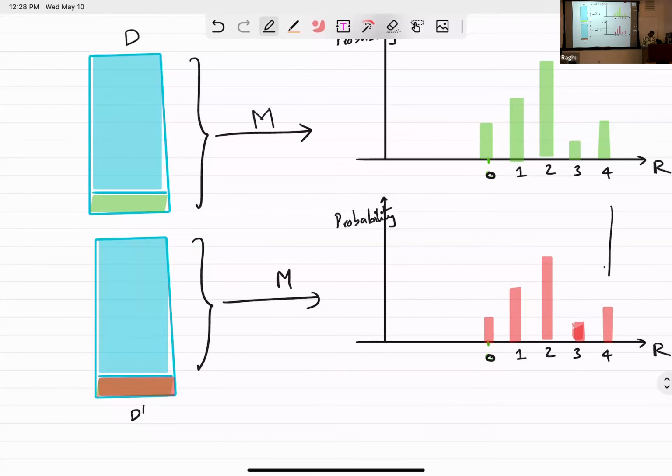So what you want is that the heights are within e to the epsilon of each other. Every outcome should have pretty much the same likelihood under both of the two databases. All right, it's a seemingly very strong guarantee. Any questions about this?